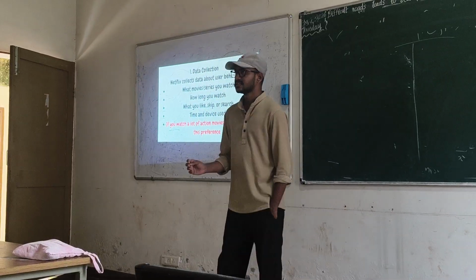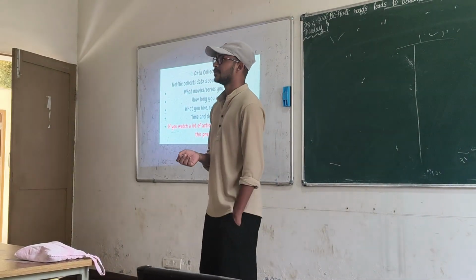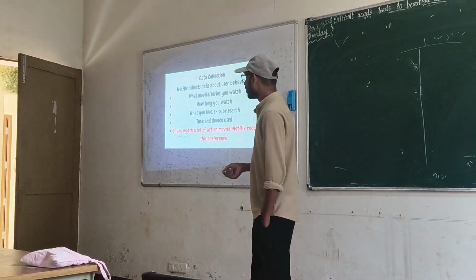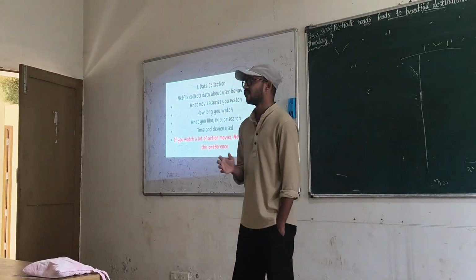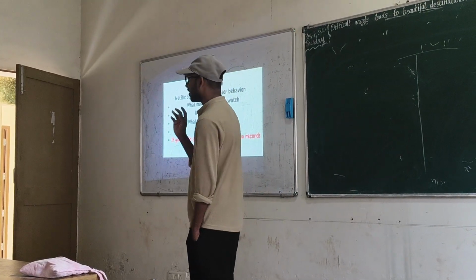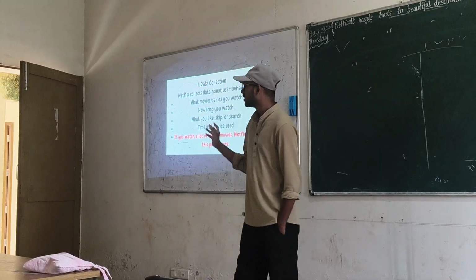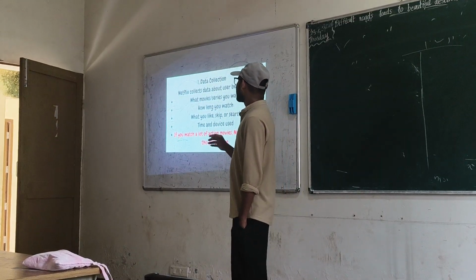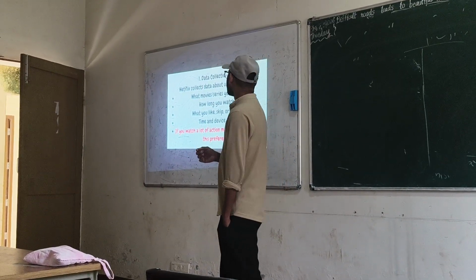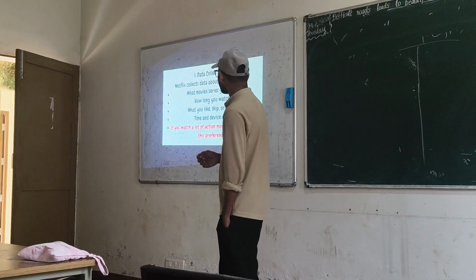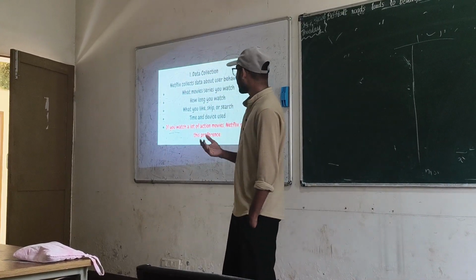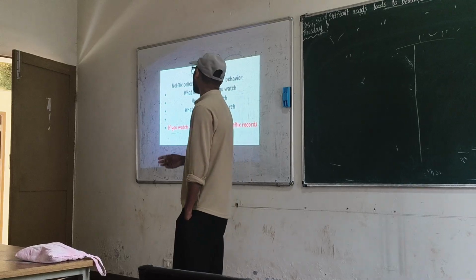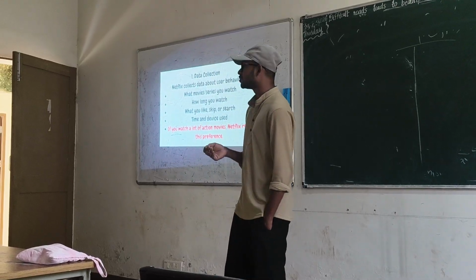Here, what Netflix or social media platforms, the modern applications, do is collect data about us. First, let us try to understand what it does. Netflix collects data about user behavior, like what movies and series you watch, how long you watch, what you like, skip or search, and how much time you spend on which device you use.